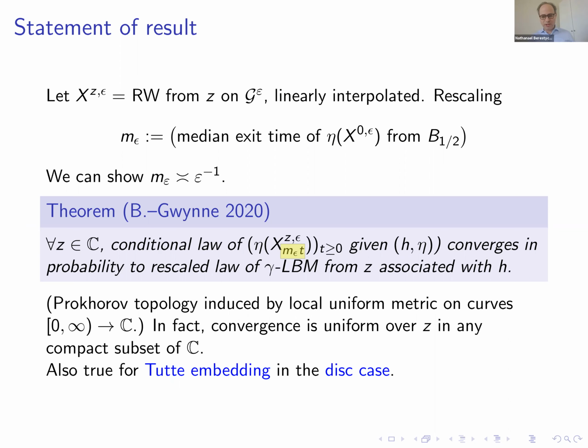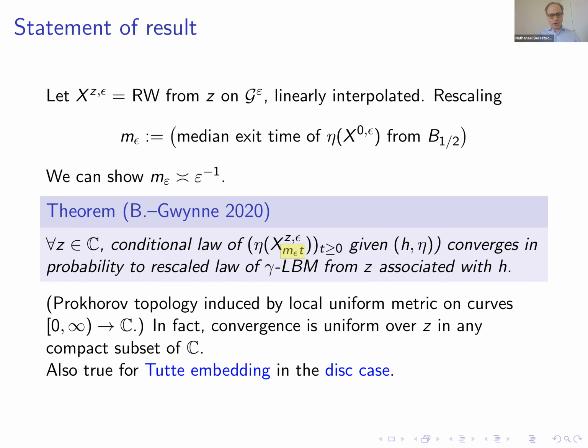We were hoping initially to prove the result with time t rescaled by 1 over epsilon rather than this median, but it turns out we could not prove the result in this way. That is because there is a constant that we cannot identify somewhere. It will become a bit more apparent once I explain the method of the proof.